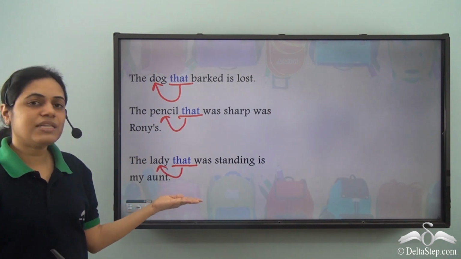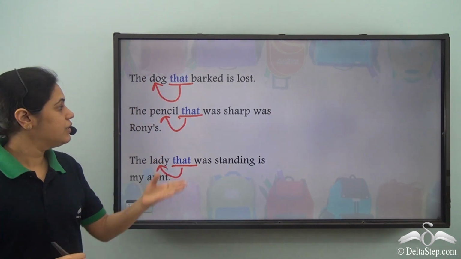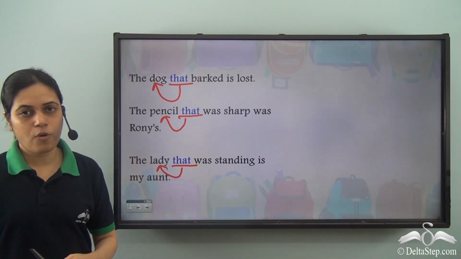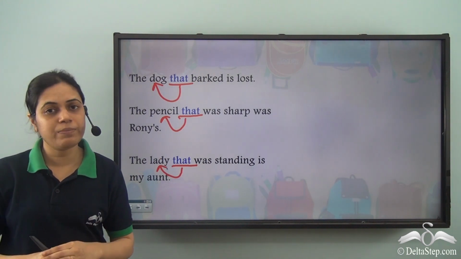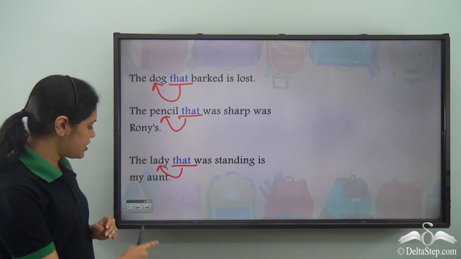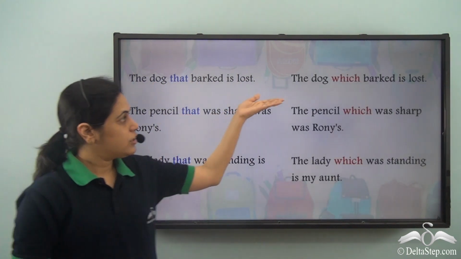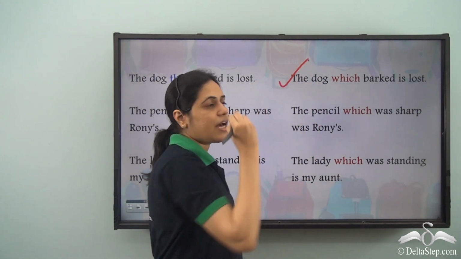So all these sentences are correct. That can refer to an animal, that can refer to an object or a thing, and that can refer to a human being or a person. Now let us replace that using which. The dog which barked is lost. This sentence is correct.